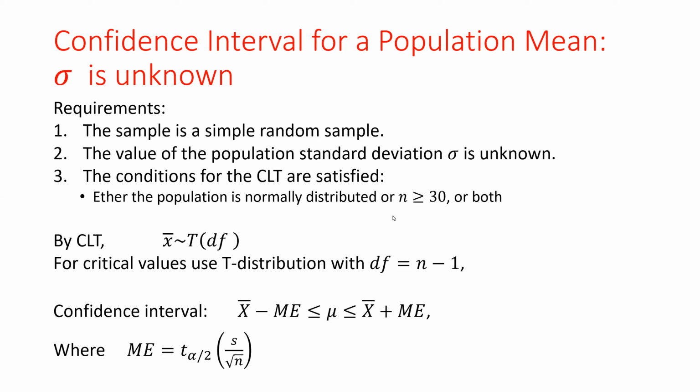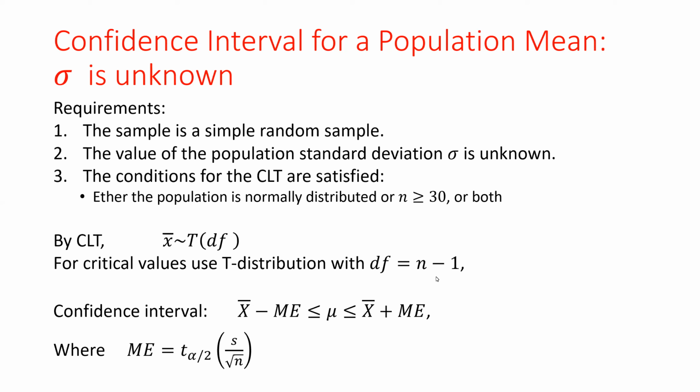And your population has to be normally distributed, or the sample size has to be large, or both. And this ensures that our sample means are normally distributed, and we could actually use the normal distribution in order to find our population mean.